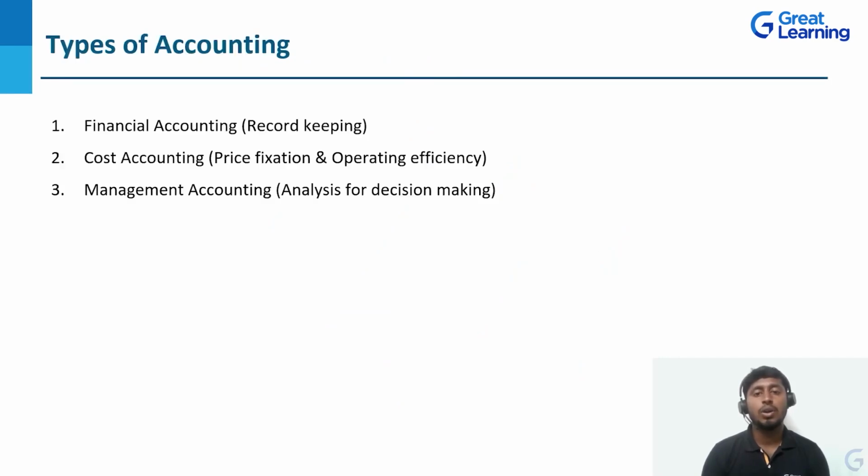Types of accounting: financial accounting, cost accounting, management accounting. So these are the 3 traditional types or branches of accounting. When it comes to new or recent accounting types, that is tax accounting, human resource accounting, and corporate accounting.